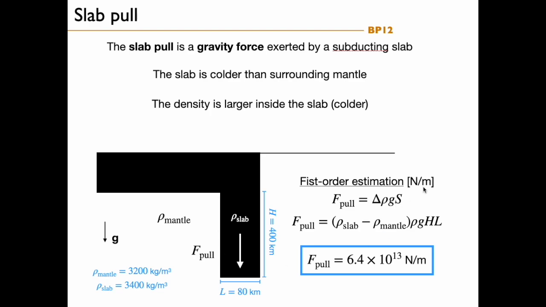This will give us a force in units of Newton per meter. So the density of slab minus density of mantle, times g, H and L, gives us the slab pull force. Here, with these parameters, we get something on the order of 10^13 Newton per meter.